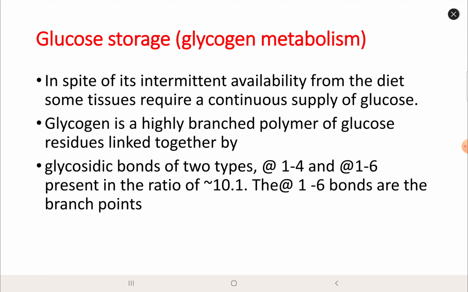The number of the carbon matters. In glycosidic bonds, we have 1,4 and 1,6.